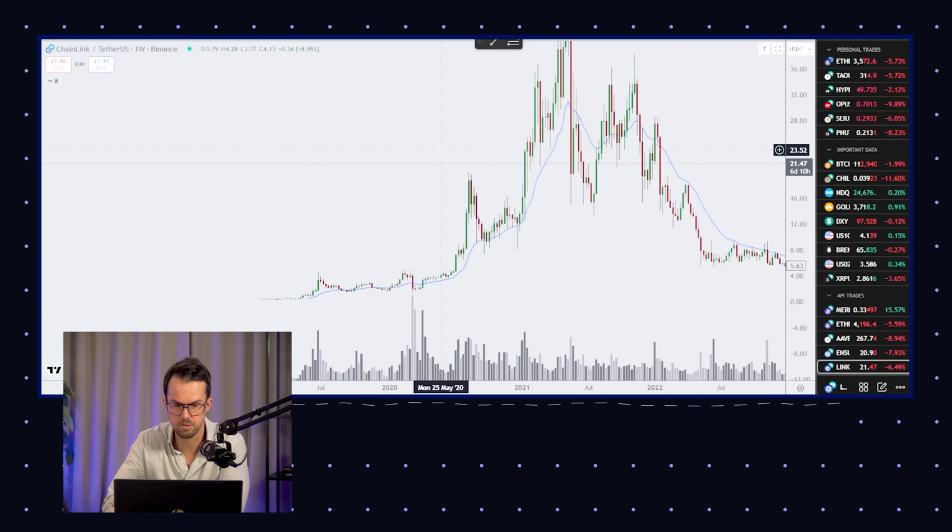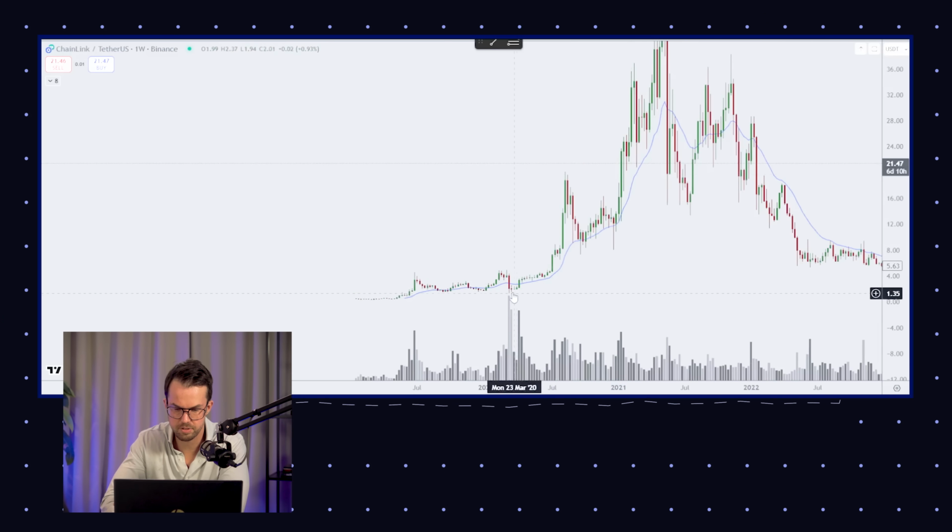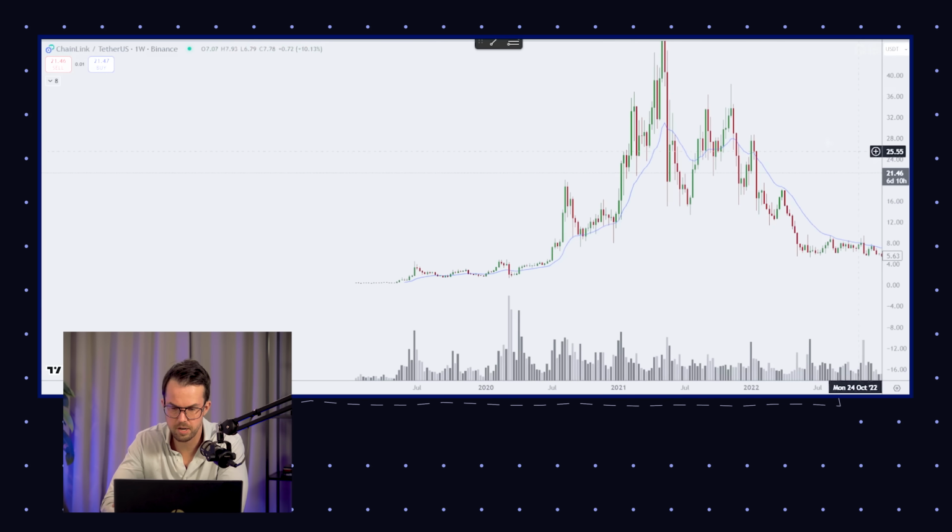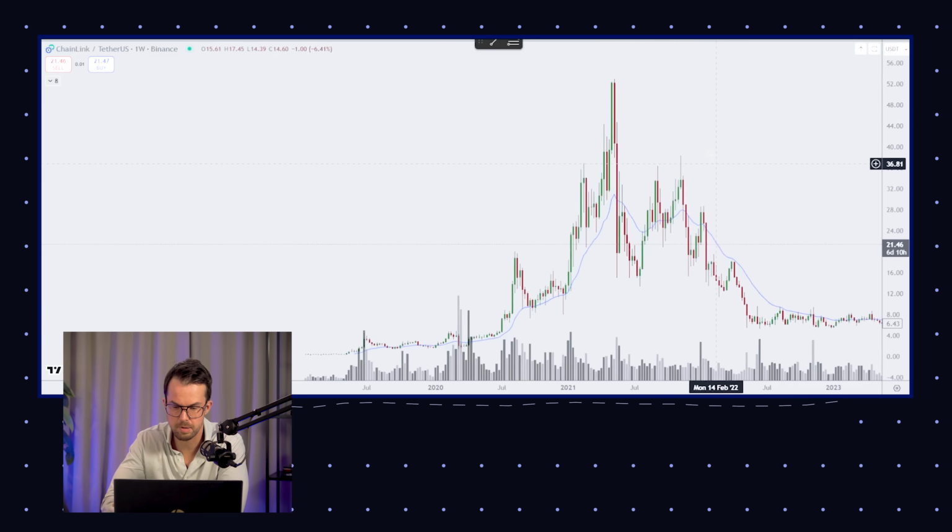And if we look at some of the charts from the previous cycle, one of the key principles is we need to stay above the 20-week MA all the time. As long as that is the case, and we saw it here with Chainlink that broke through that level in January of 2020 and continued to stay above it with the COVID crash in between, and then it started to break beneath it, which indicates that there's a bear market.